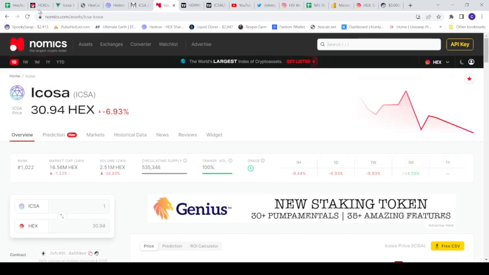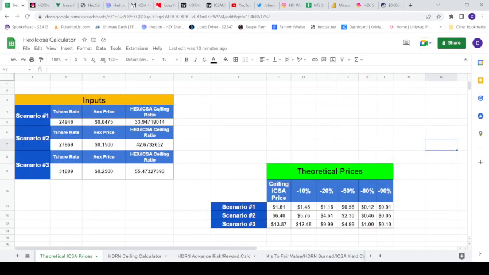Currently, if you're looking at purchasing Icosa, it would be a pretty good deal to just buy it off the market over doing an HSI buyback to get Icosa. And this ceiling price is spot on, guys. It's kind of incredible.